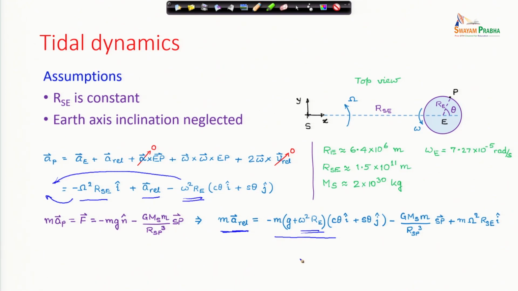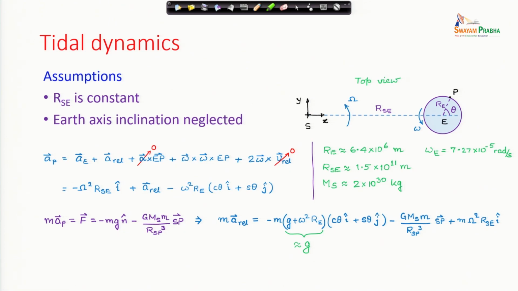Okay. Once you have done all those things and simplified, this is the expression on the right hand side. Now, this is the effective force acting on the particle. Here this expression is roughly equal to g.